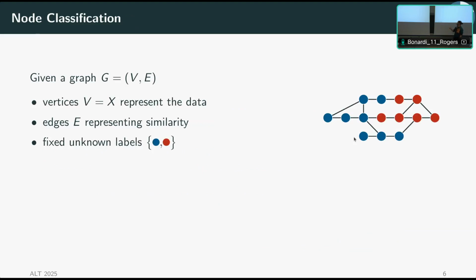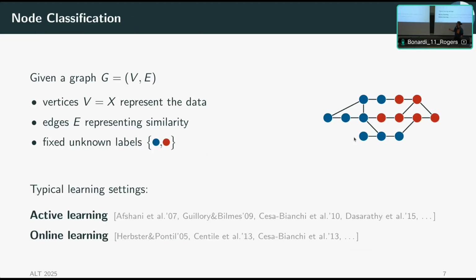Okay, and I like to do graph stuff, so we looked at this problem on graphs, so node classification. Here you have the graph given, and the vertices are now your domain. So the nodes are the data points you want to classify. The edges should represent similarity, and you want to learn these target labels, blue, red, let's say.